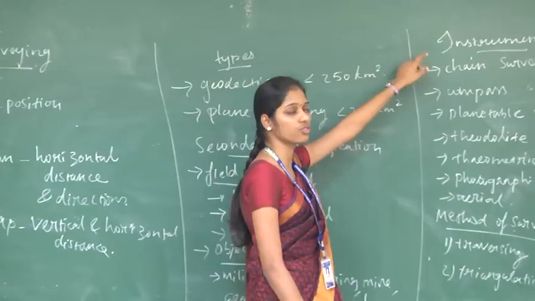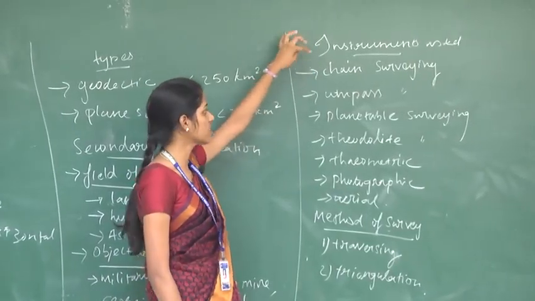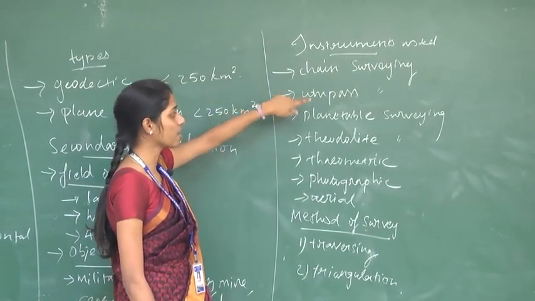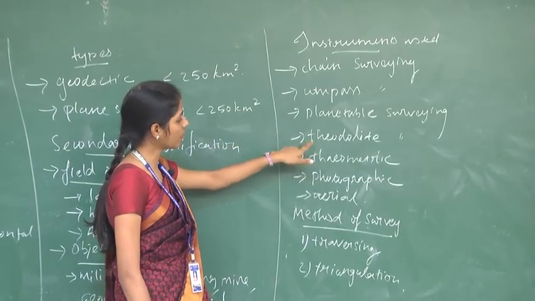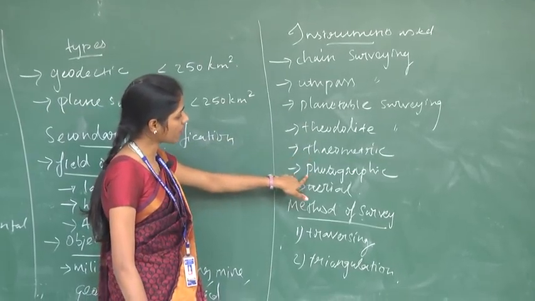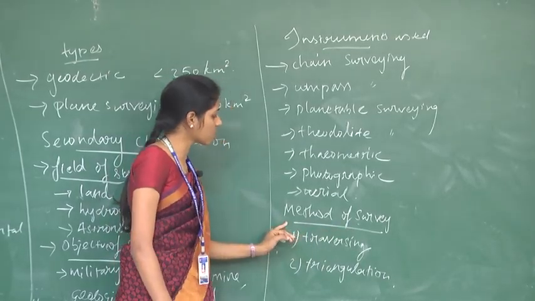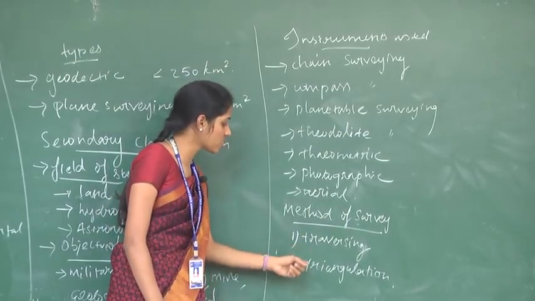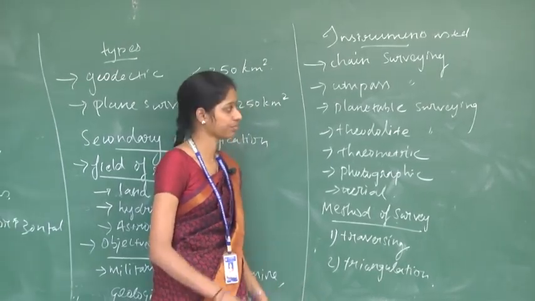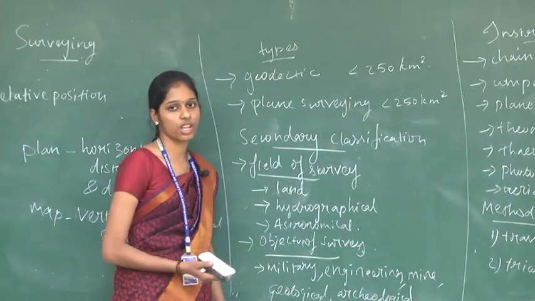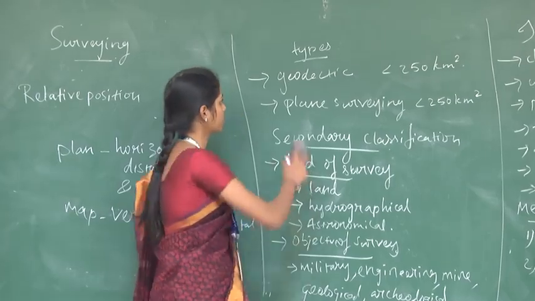Based on the instruments used for surveying, surveying is classified as chain survey, compass survey, plane table survey, theodolite survey, tachyometric survey, photogrammetric, aerial. Then method of survey. Based on the method of surveying, surveying is classified as traversing and triangulation. Next we are going to see about the principle of surveying.